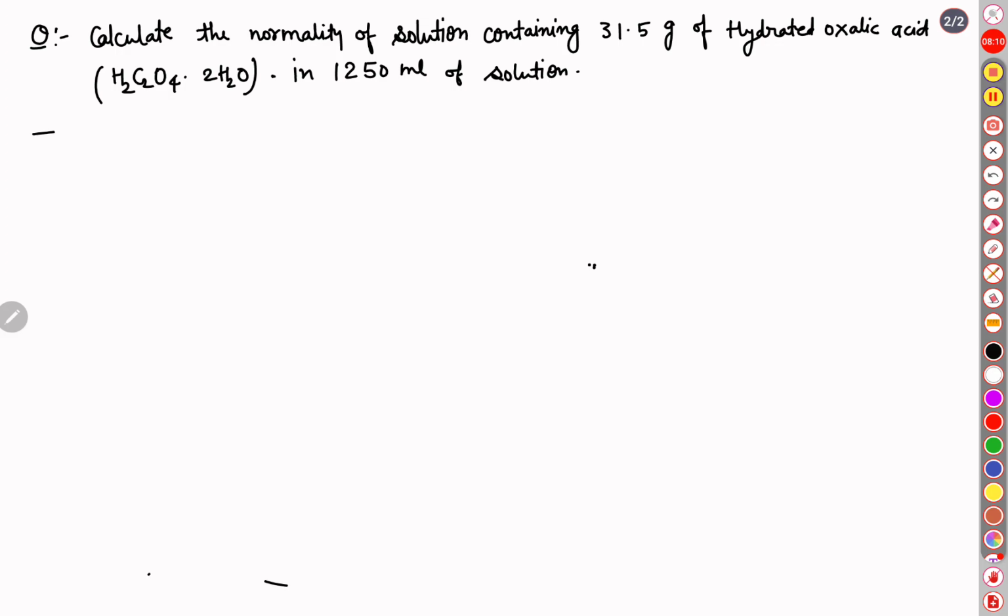Now let us talk about how we will solve this question. It is a very easy question. Mass of oxalic acid is given, 31.5 gram. And equivalent mass or equivalent weight we have to find out.